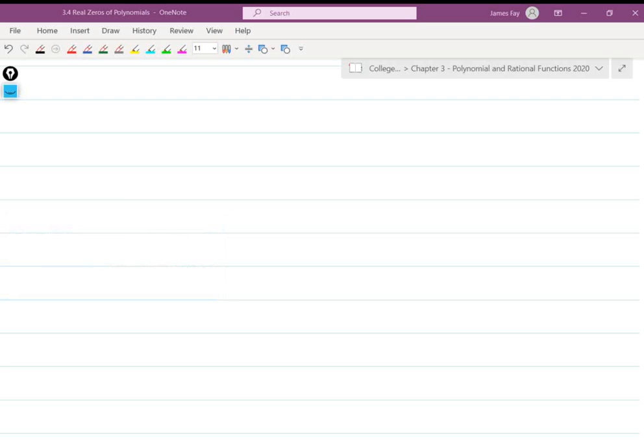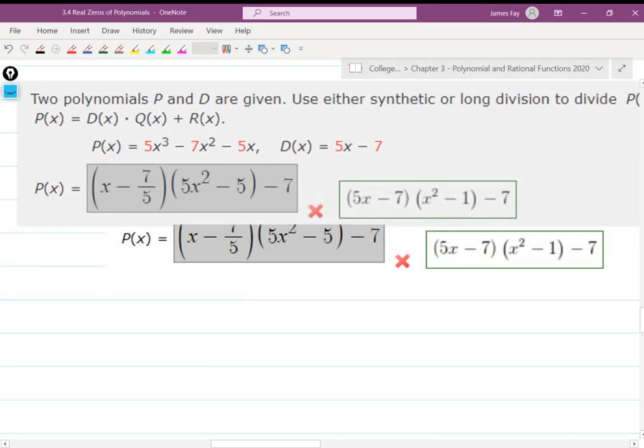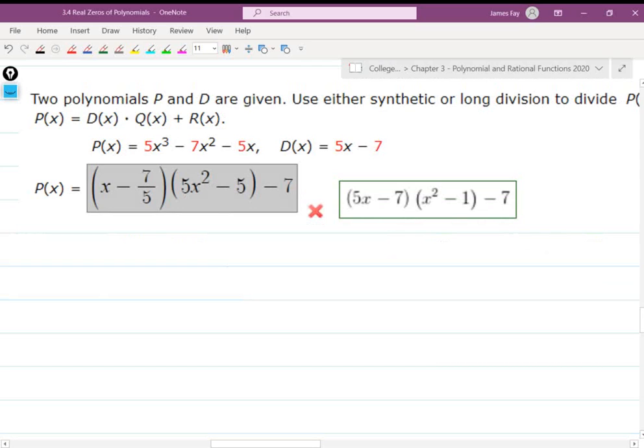Here, I just grabbed one that somebody in the last class did. What they have in gray there is absolutely fine. It's correct. If I multiply that out, it gets me back to my original P of X. Okay? But it's counted wrong.